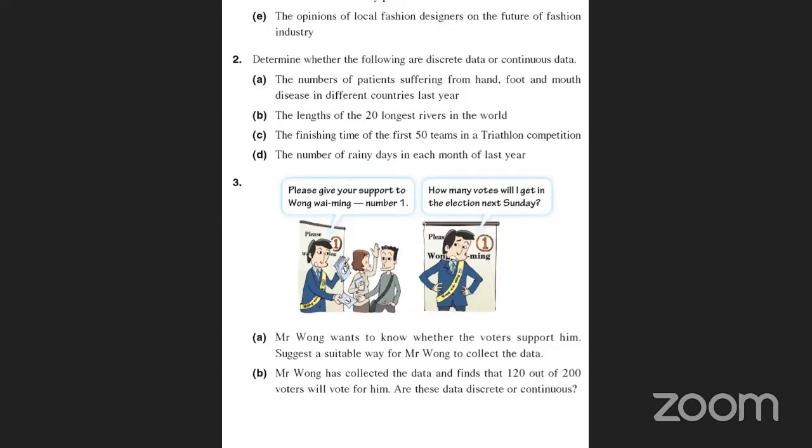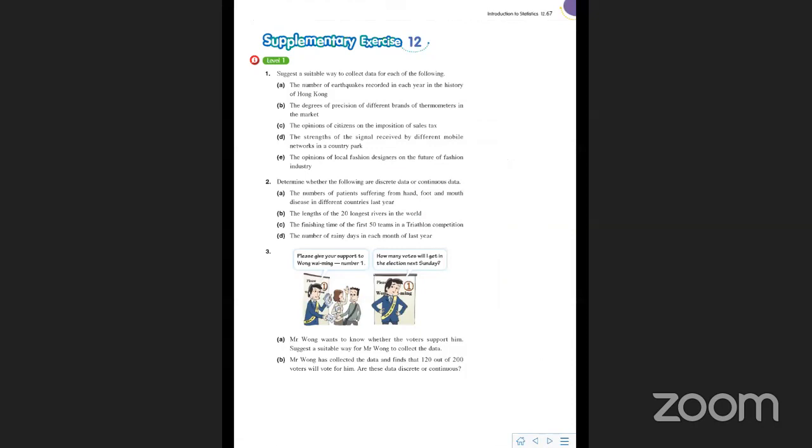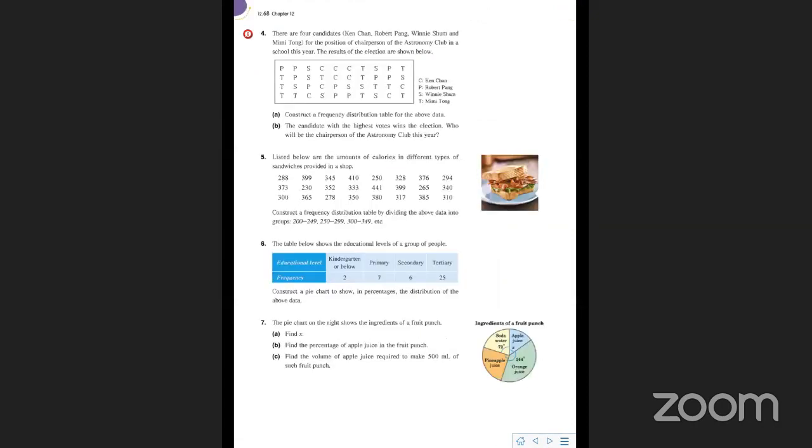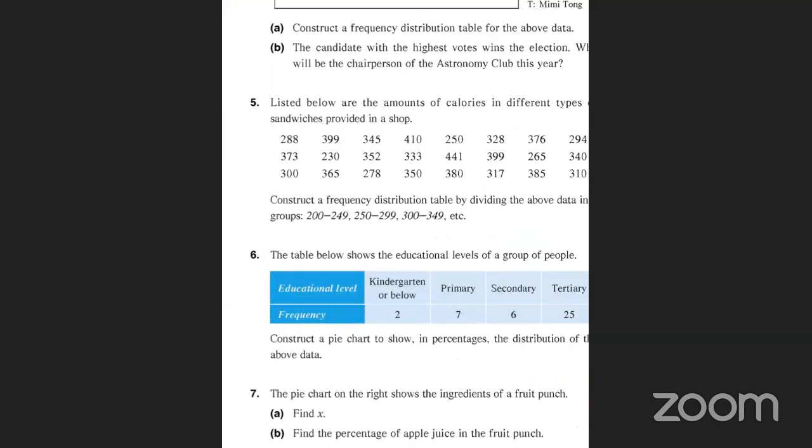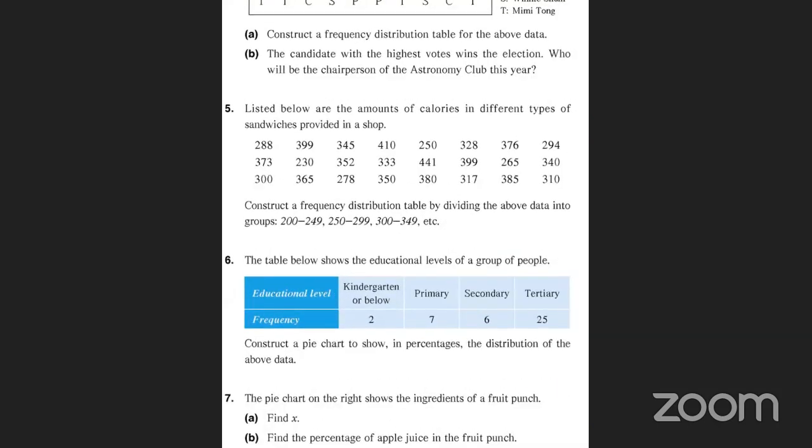And then we go to the next one, turn to the next page, and then we look at number 5. Now, listed below are the amount of calories in different types of sandwiches provided in a shop.